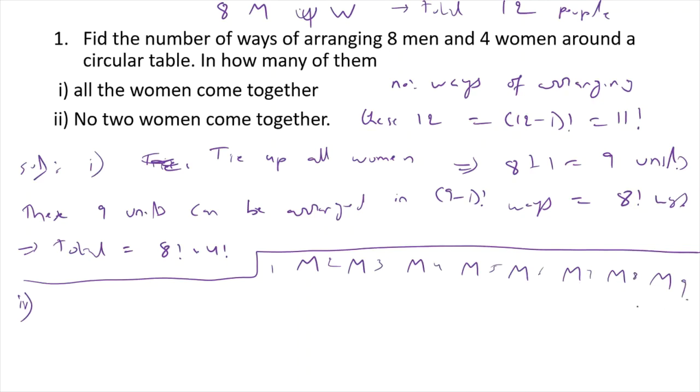But if you arrange these 8 men in a circle, we are going to get only 8 gaps. If you want, you can check it.